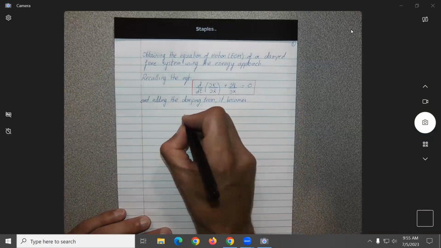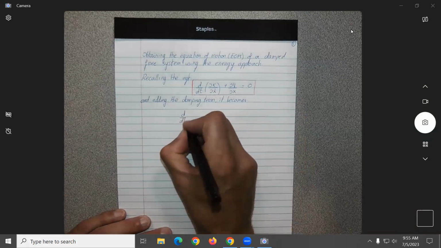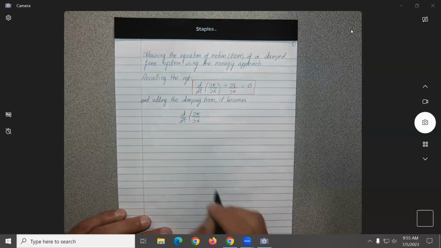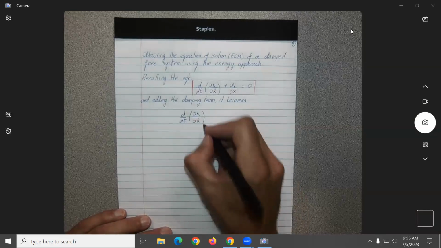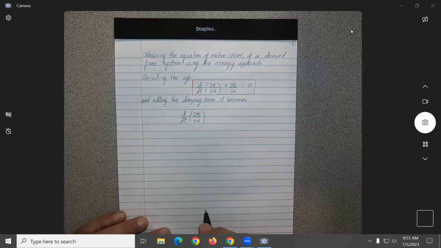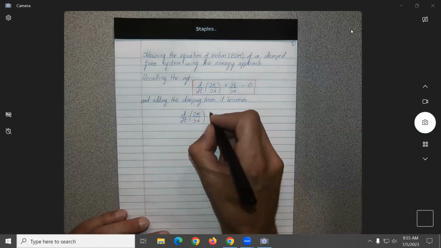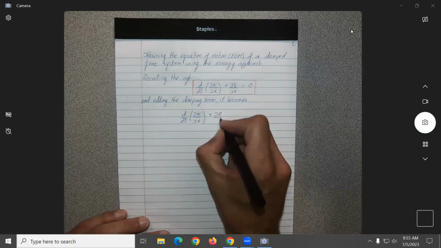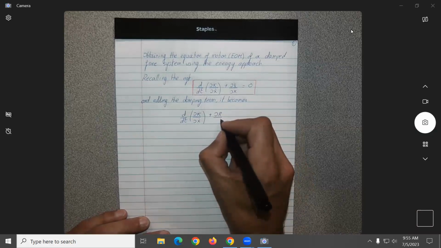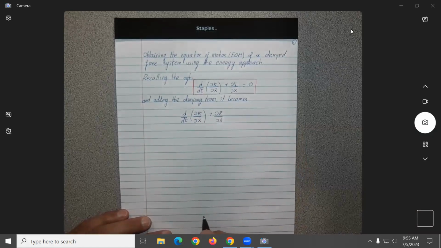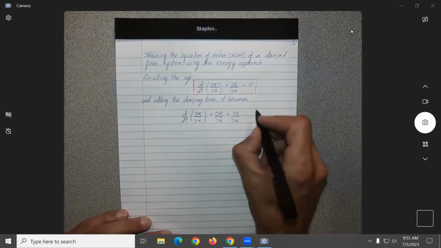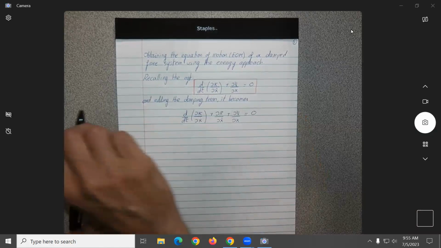So the equation will be d/dt of partial kinetic energy over partial x dot, plus, in the middle, this one with a different notation, let's say R, partial R over partial x dot, and then plus partial V over partial x equal to 0.